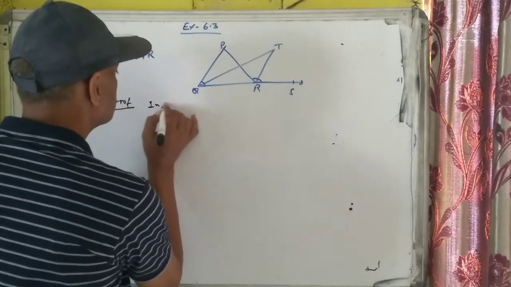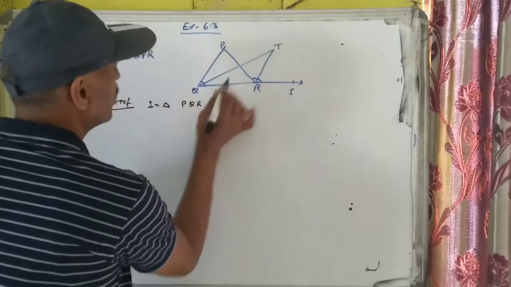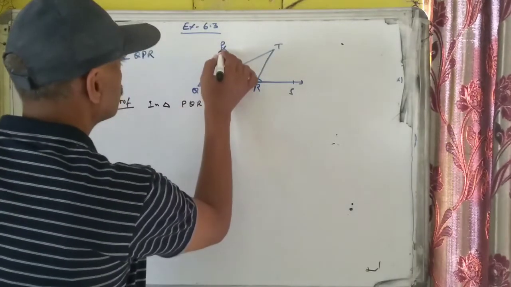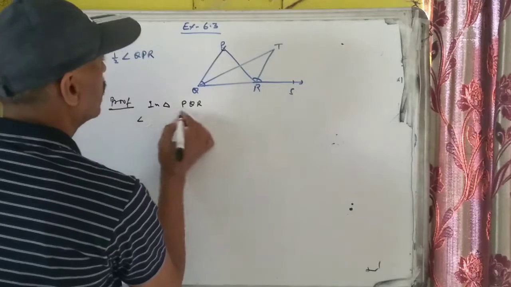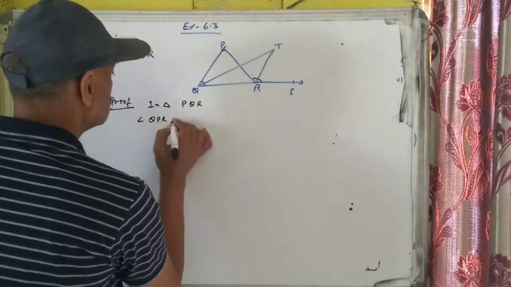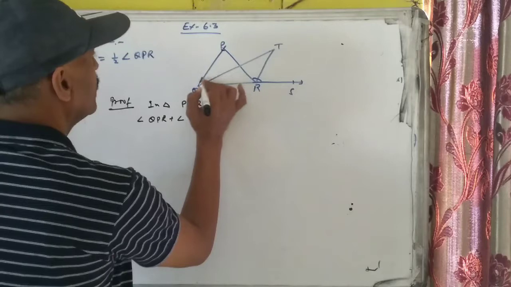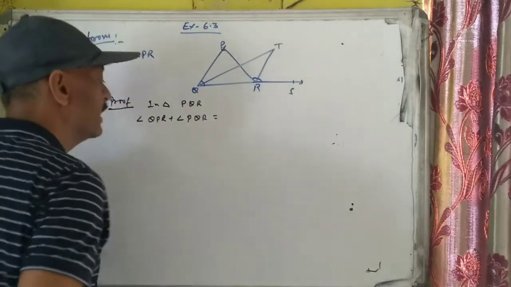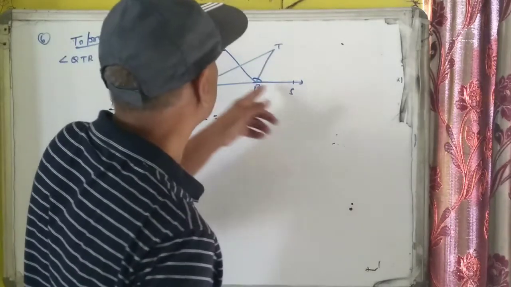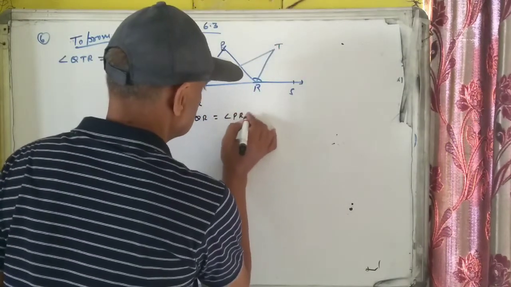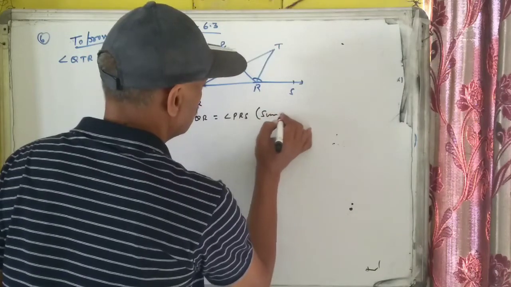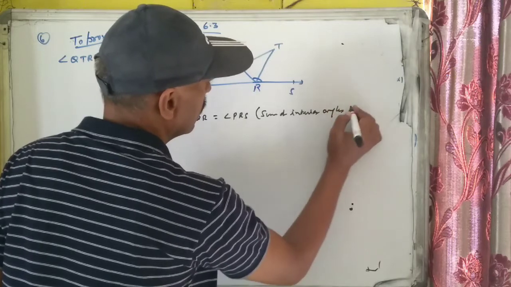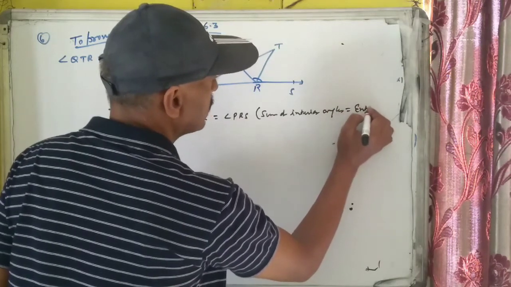We will write like this: in triangle PQR, angle QPR plus angle PQR, these are the interior angles of angle PRS. Sum of interior angles equal to exterior angle.